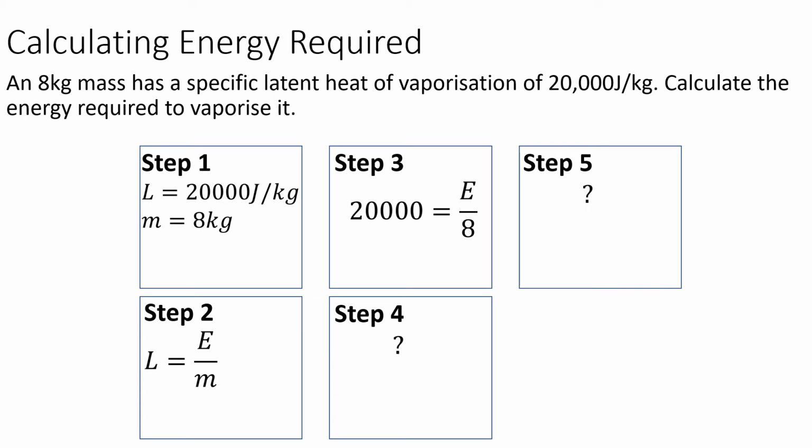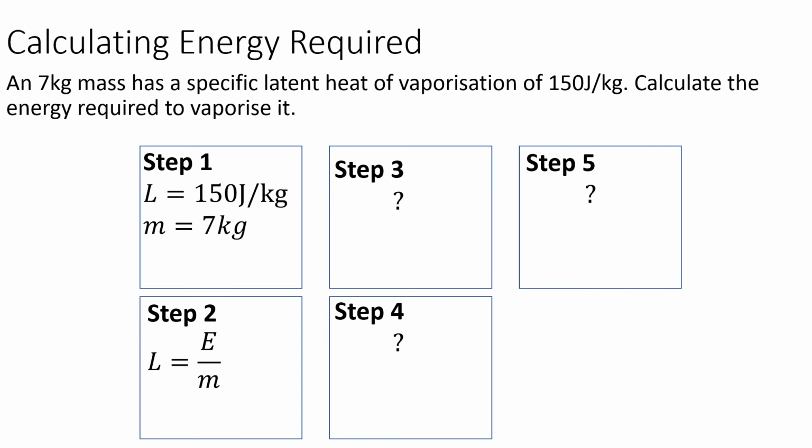Calculate the energy required to vaporize it. Copy down steps 1 to 3 and complete steps 4 and 5. A 7 kilogram mass has a specific latent heat of vaporization of 150 joules per kilogram. Calculate the energy required to vaporize it.